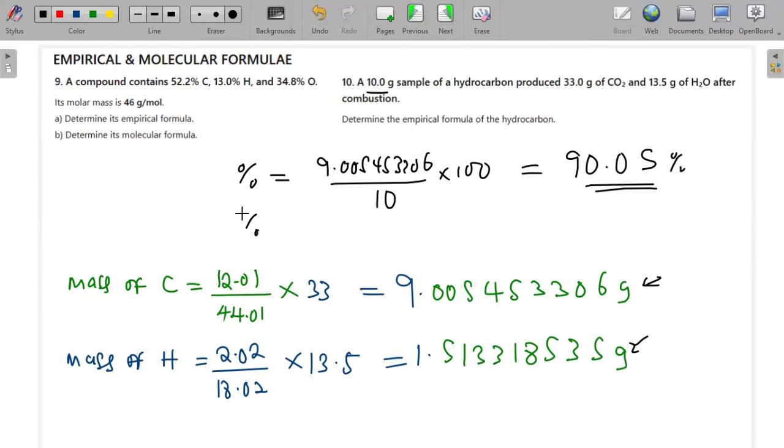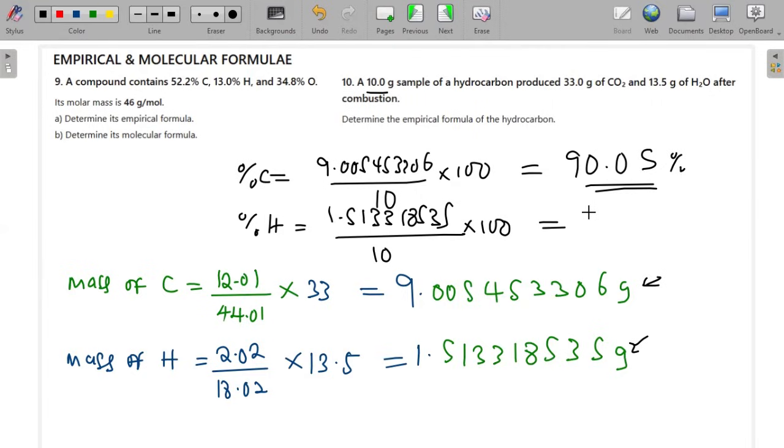And then the percent for the hydrogen will be the mass of the hydrogen divided by the total mass of the sample, which is 10, multiplied by 100. So I have 1.513318535 divided by 10, and then multiplied by 100.